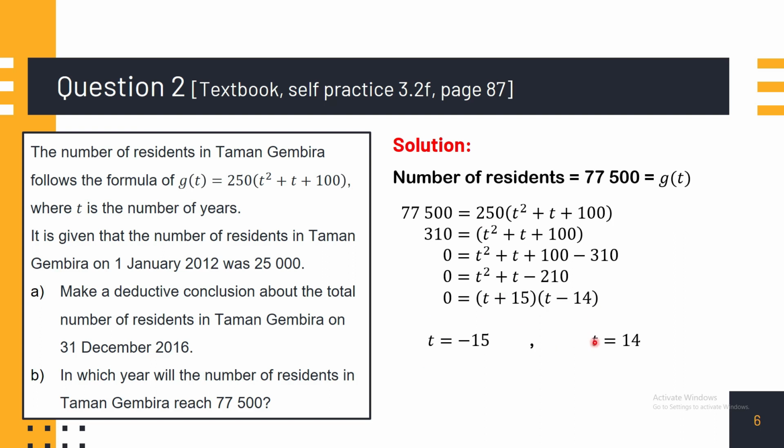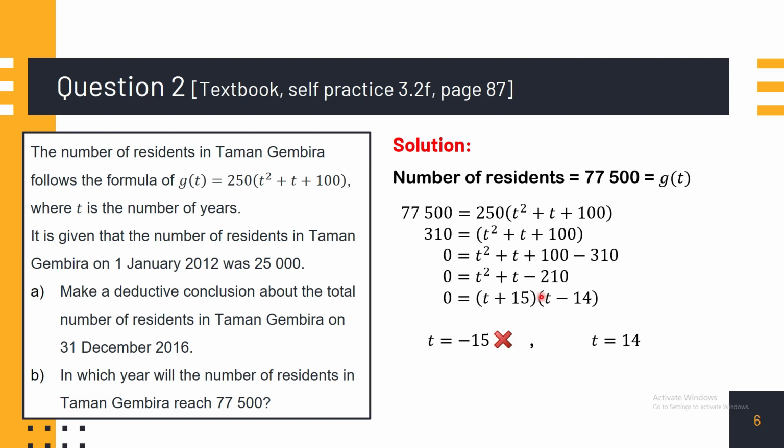There are 2 values of t, which are t equal to -15 and t equal to 14. Please note that t is the number of years. Years will not be negative, it's always positive.